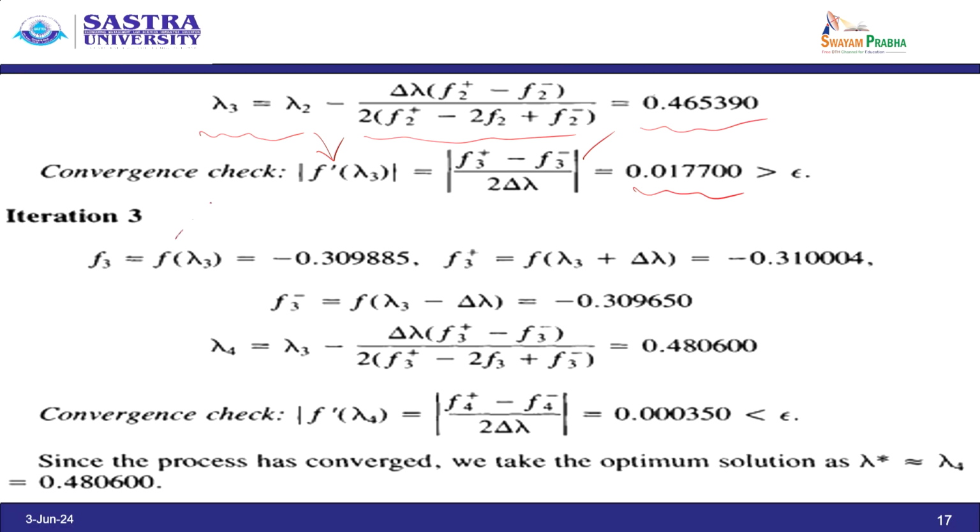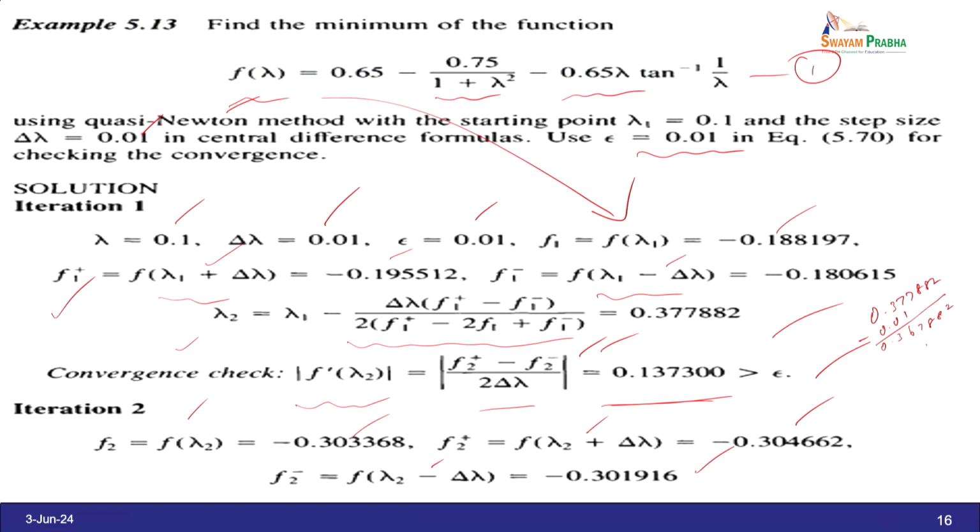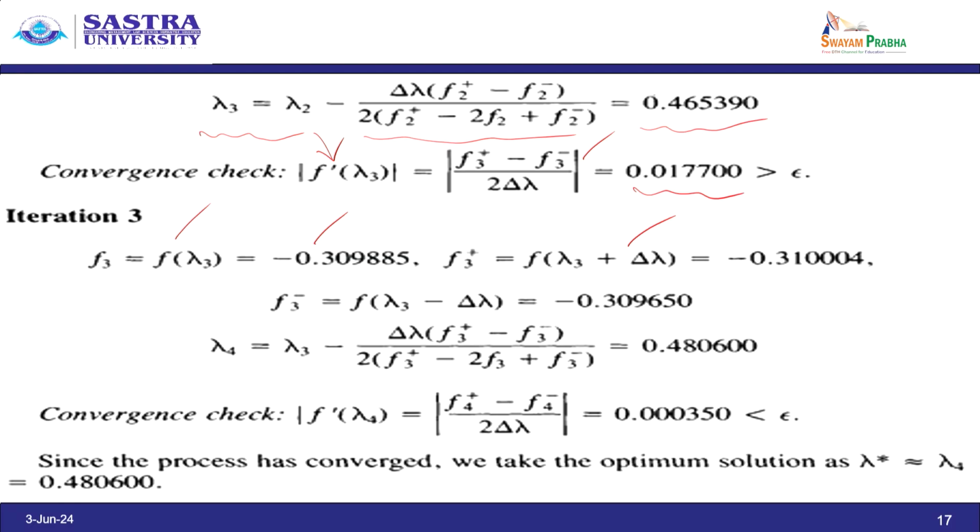Then f3 equal to f of lambda 3, which is equal to minus 0.309885 will come, because lambda 3 we already got, substitute in the given equation 1. So, f3 plus is equal to f of lambda 3 plus delta lambda. Now, lambda 3 is 0.465390, delta lambda is 0.01, which is already given. Substituting that value here, equal to minus 0.310004.